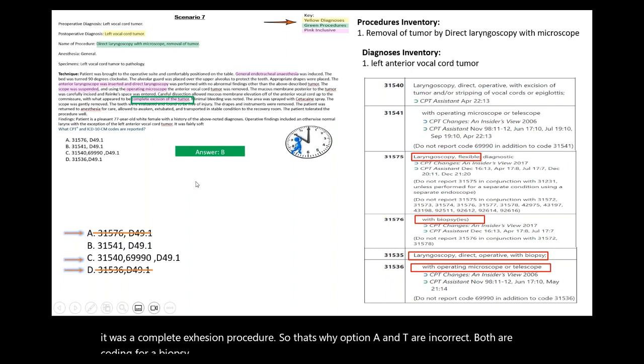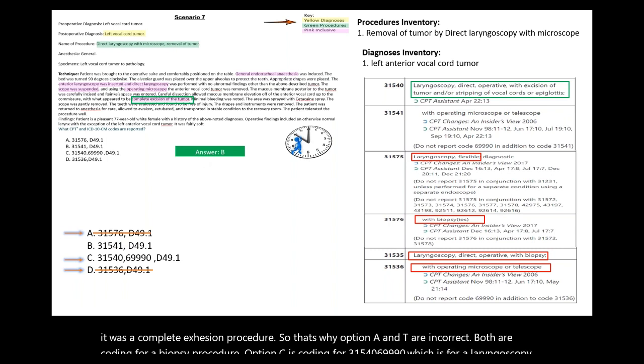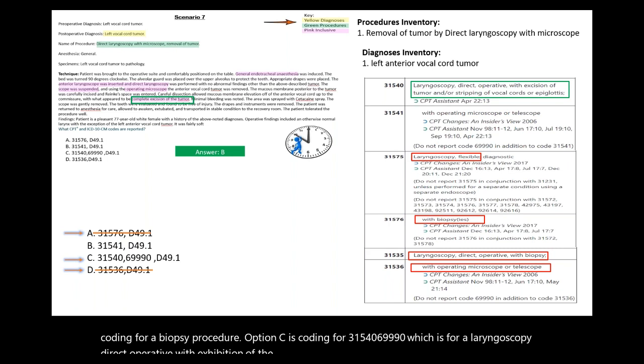Option C is coding for 31540 and 69990. 31540 is for laryngoscopy direct operative with excision of tumor and stripping of vocal cords or epiglottis, and 69990 is for use of an operating microscope.